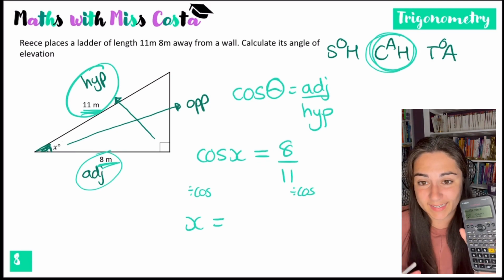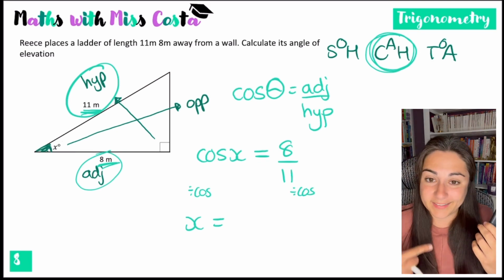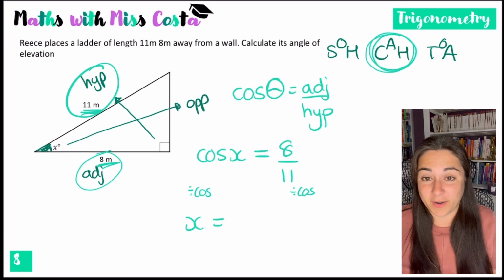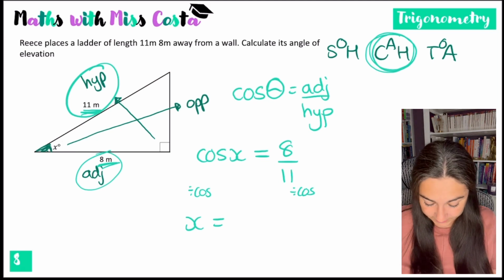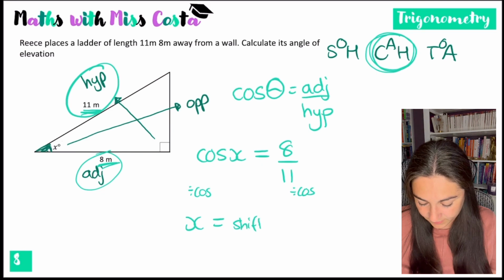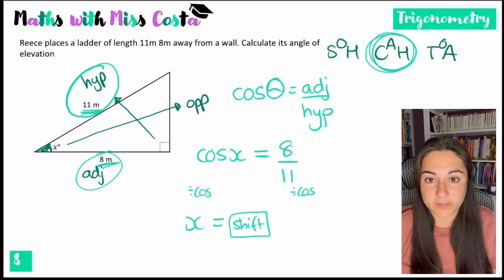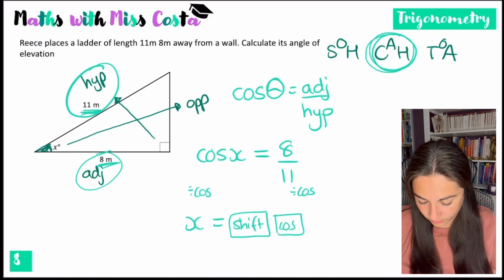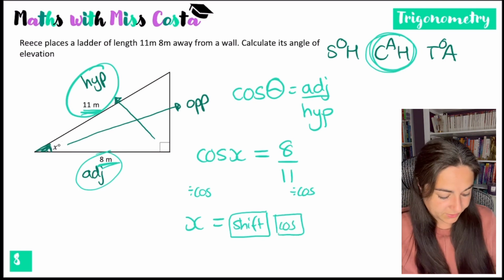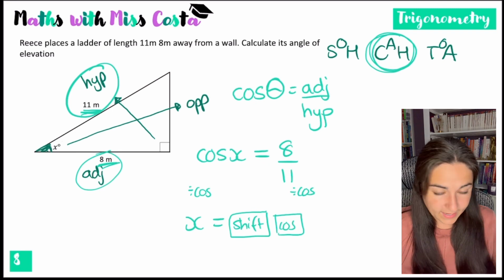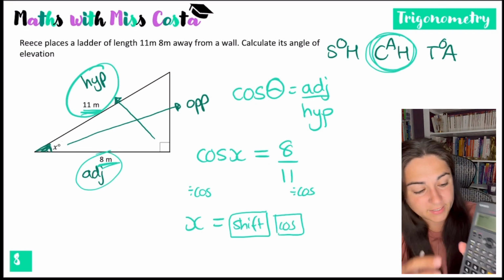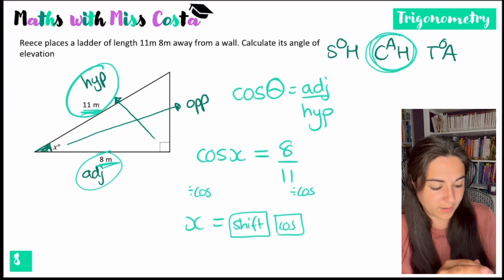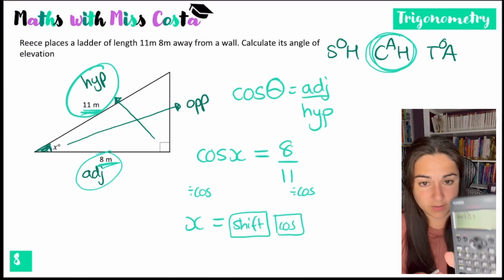So what you do instead is, the calculator has saved dividing by cos into itself. So we press shift. If you're trying to divide by cos, tan or sin, you press shift and then cos. So shift cos, and then you type in your fraction, which is 8 over 11, like that.